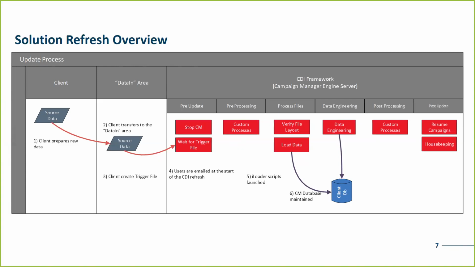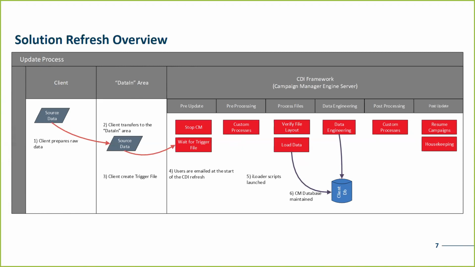In the pre-processing step, we then have an opportunity to do some custom processes depending on the customer's requirements. So this could be something like extracting data from a source, but it also could be transforming data or something like that.